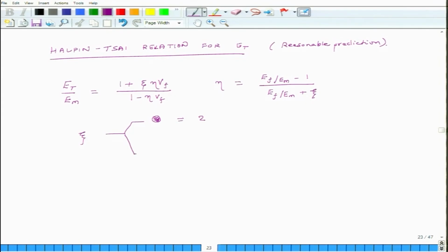If the fiber is having a rectangular cross section, let us say the cross section is like this A and this is B, and the fibers are oriented in such a way that the load is in the length of A direction, then zeta equals to A over B.